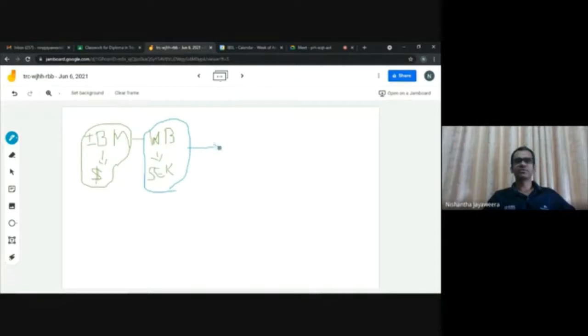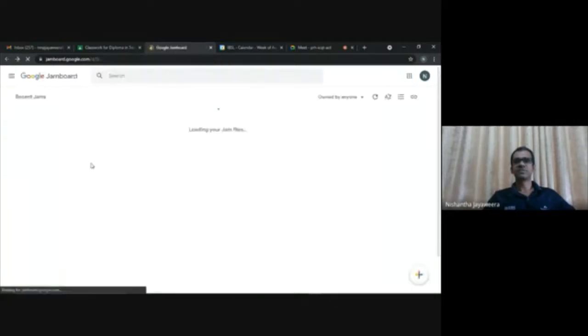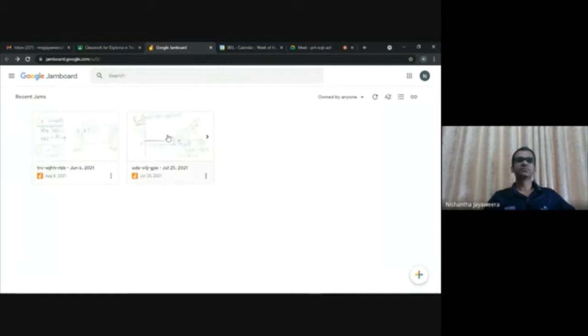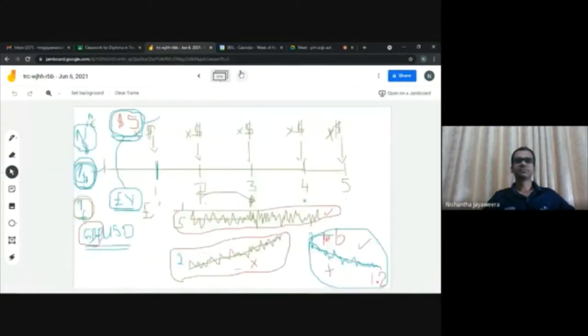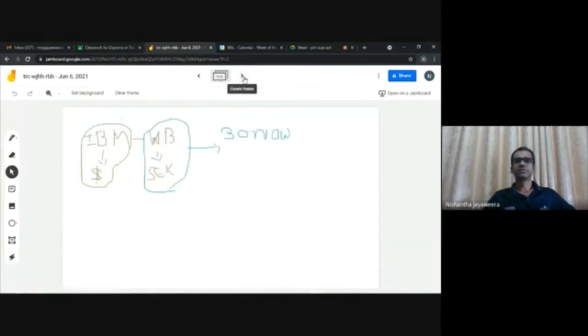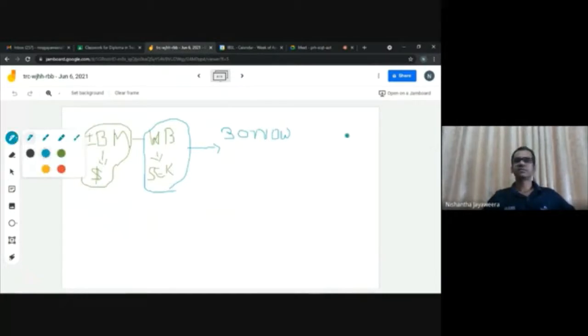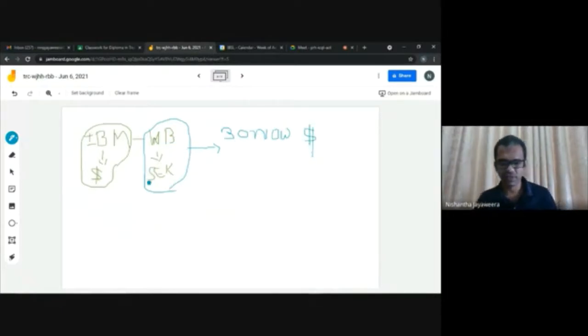World Bank can borrow dollars in the market easily. Why? They have a presence in the US, so they can access the US market very easily.